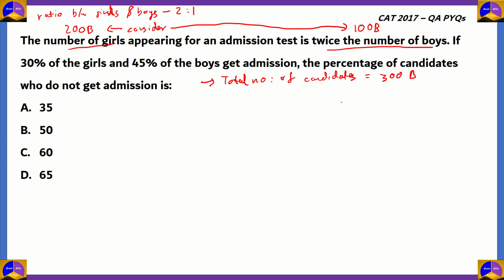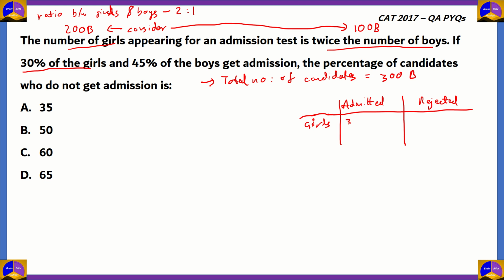Now let's make a table, all right? So we'll make a table of admitted students versus rejected candidates, and we're going to categorize them based on their gender. So first up, we have the girls. Now we know that the total number of girls appearing for the admission test is 200B. And it is said in the question that 30% of the girls get into the institution.